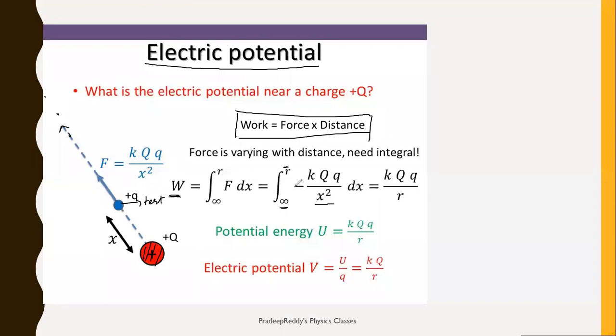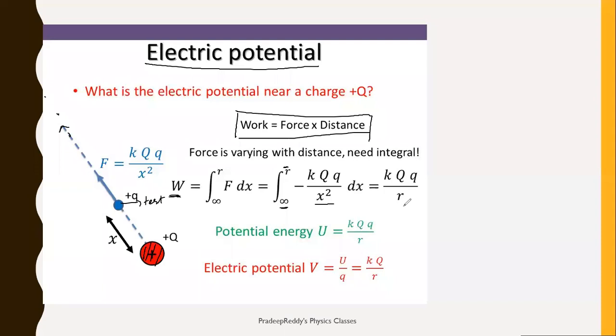And why am I taking a negative sign here? You are bringing the test charge in the direction opposite to that of the electric field. That is the reason why you are getting a negative sign over here. Now if you integrate this, what do you get? K Q q by R, after substitution of the limits.